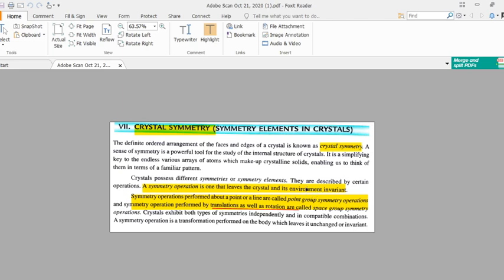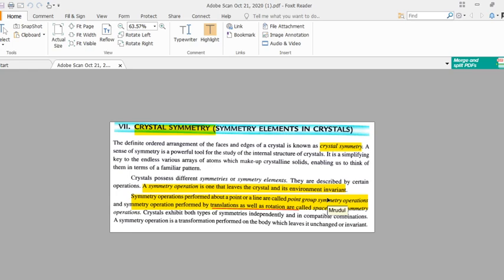Before the operation and after the operation, it should remain invariant. That means if you apply any kind of operation on the crystal, you are not able to distinguish the first situation from the second situation.